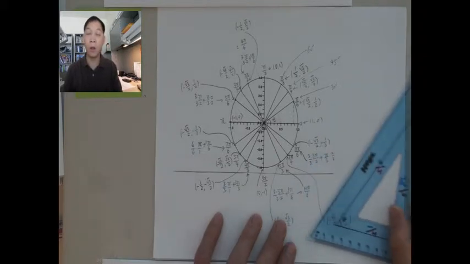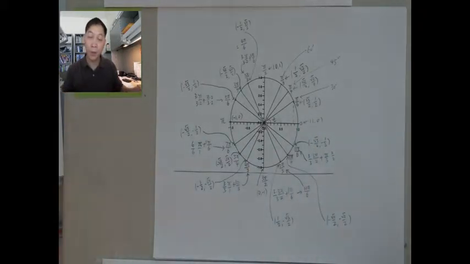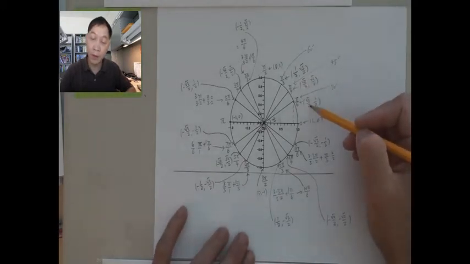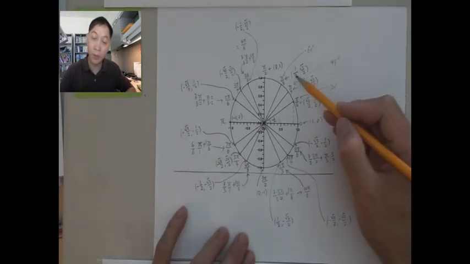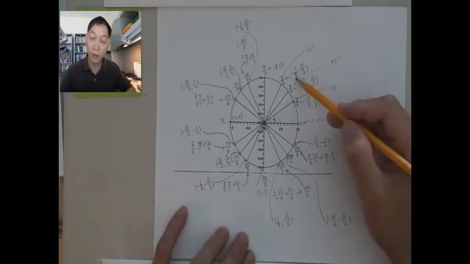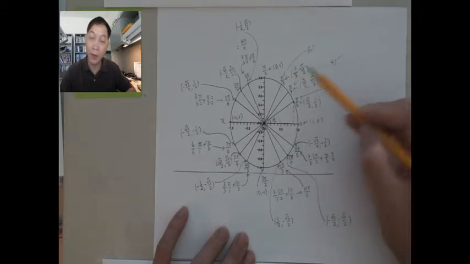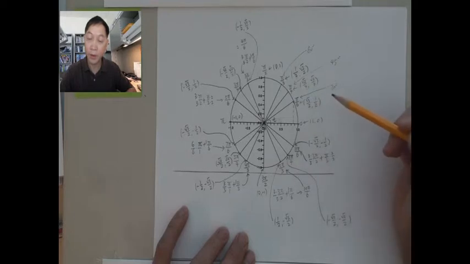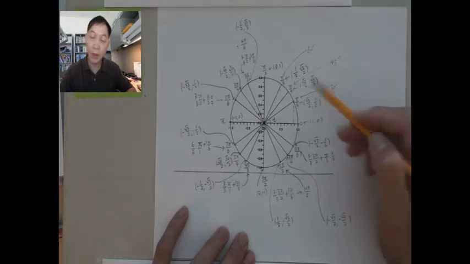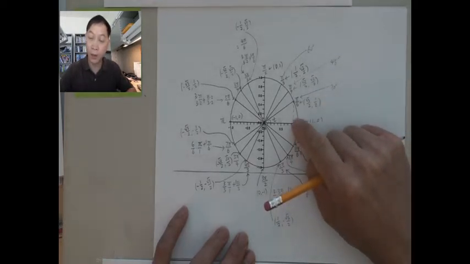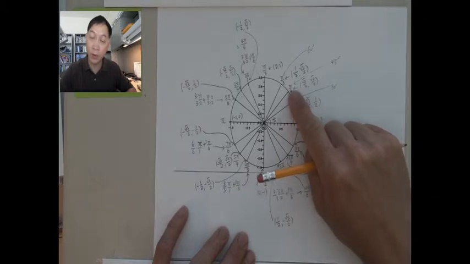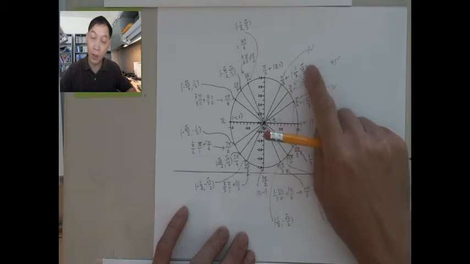Okay? So we are clear about x coordinate. Okay? 1/2, radical 3/2, radical 2/2. Y coordinate. Yeah, you can see down here, y coordinate is 1/2, then radical 2/2, radical 3/2.